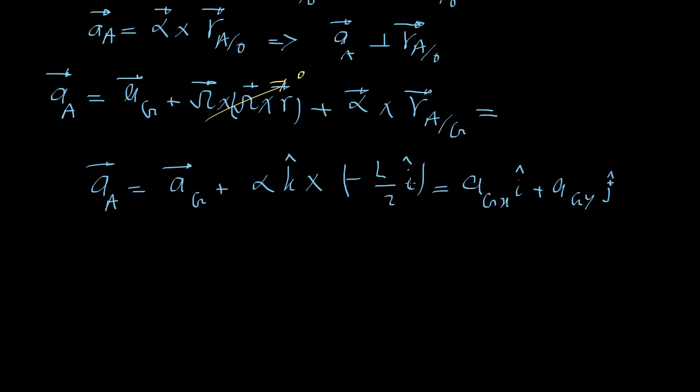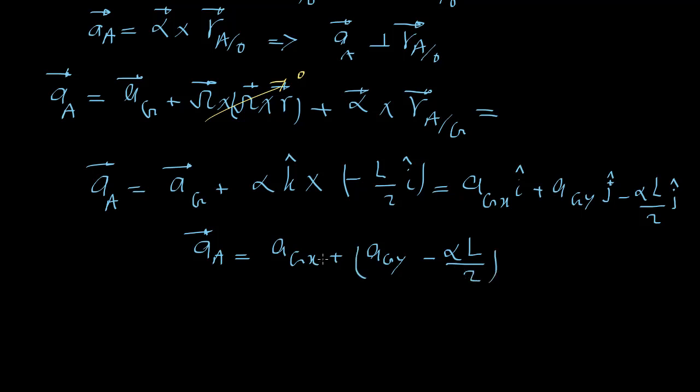And here we have K cross I, that's J, so we have minus alpha L over 2 in the J direction. Therefore A A is equal to A G X plus A G Y minus alpha L over 2. This is in the I direction and this is in the J direction.